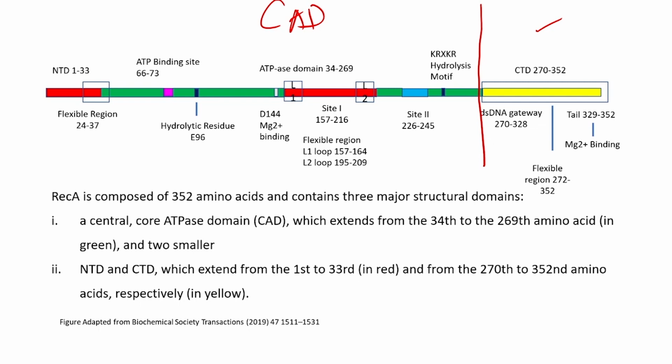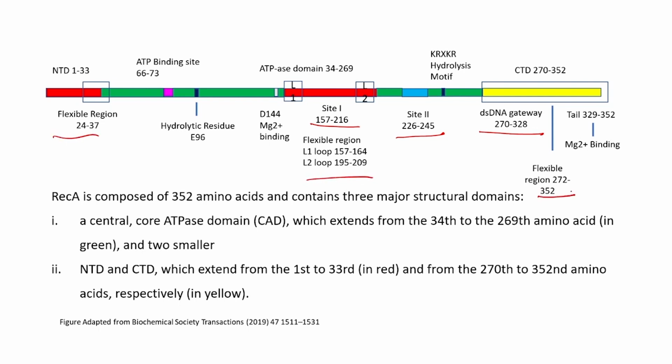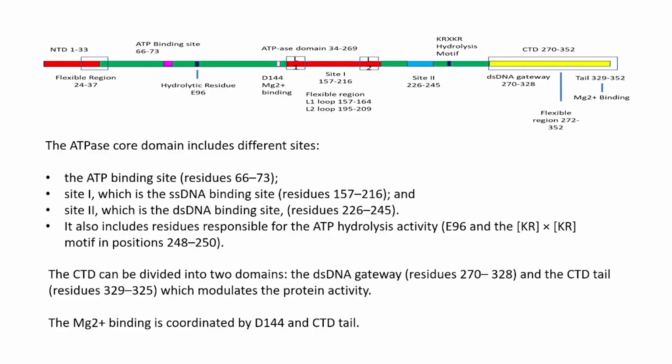Then there are various other important features in this particular protein. You can see certain flexible regions. There are 2 flexible regions, then there are 2 important sites called site 1 and site 2. Then you have a dsDNA gateway. We will study about these various flexible regions as well as these Mg2+ binding sites and various site 1 and site 2 domains in our next slides.